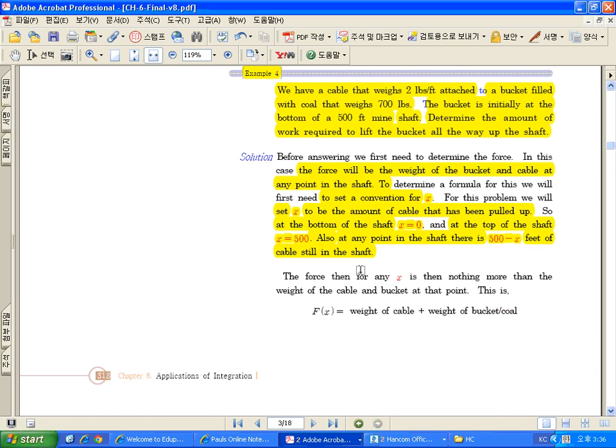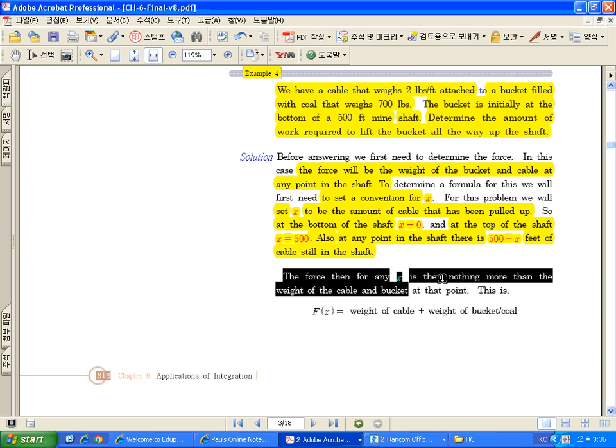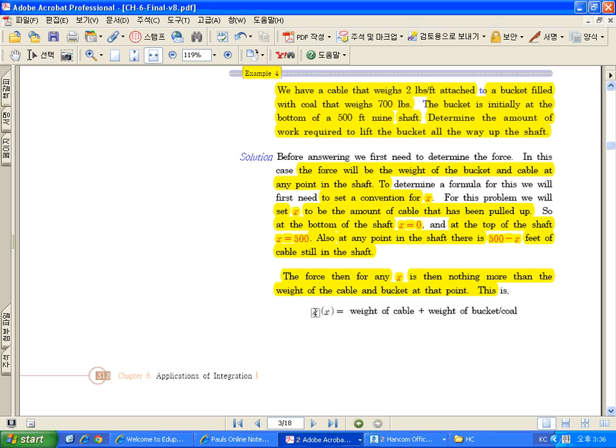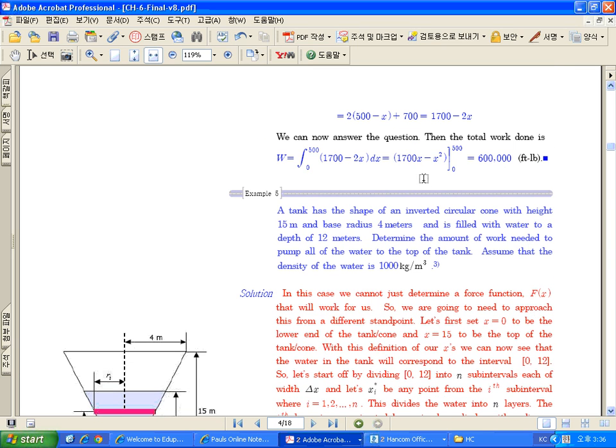So the force, for any x, is nothing more than the weight of the cable and the bucket at that point. That is, f of x is the weight of cable plus the weight of the bucket full of coal.